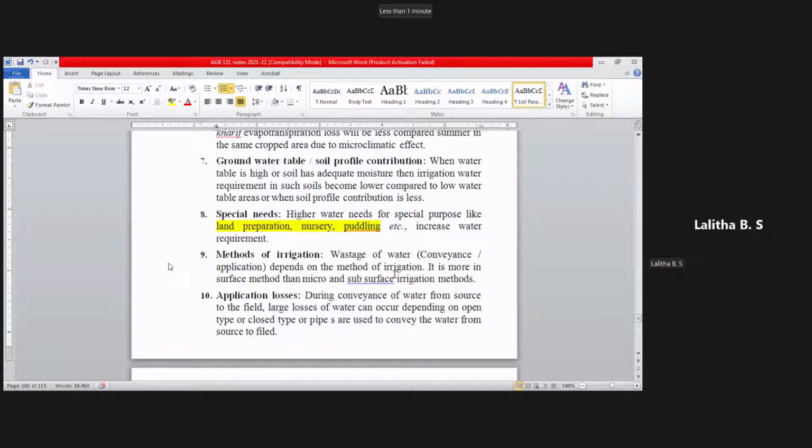Especially in drip, we can ensure the water wastage will be less, almost zero wastage. Whereas in surface irrigation, almost 60% water wastage occurs. Otherwise, if you take water in an open channel, the loss will be more than in a pipeline. If you use a pipeline, the loss will automatically be less.